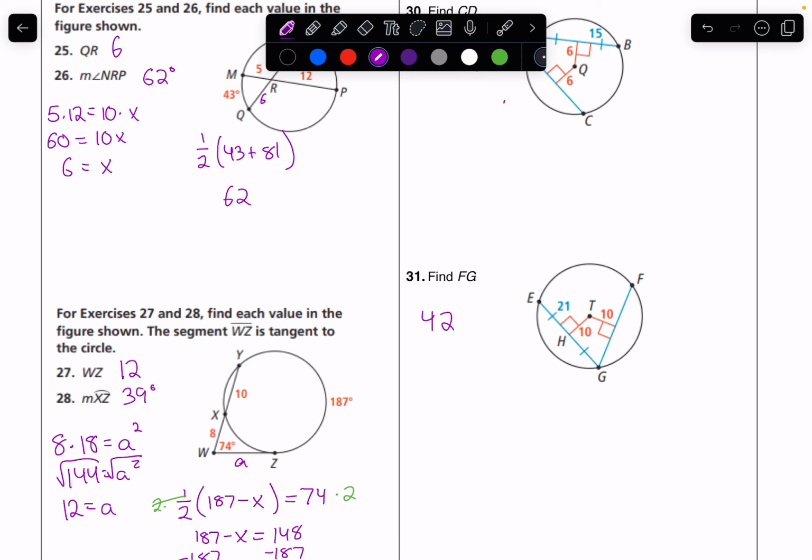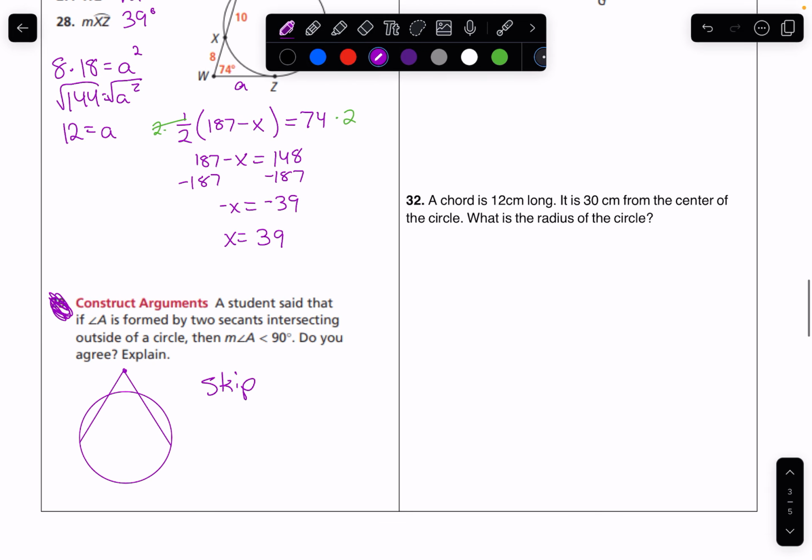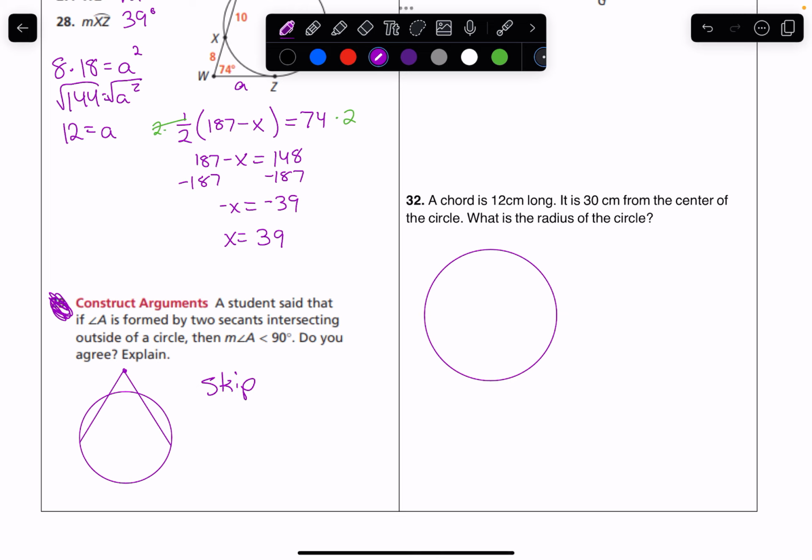A chord is 12 centimeters long and 30 centimeters from the center of the circle. Let's figure this out. There's the center. Here's the chord that is 12 centimeters long and 30 centimeters from the center. Obviously not drawn to scale, but that's okay. What is the radius of the circle? So if this chord is 12 centimeters long and I've just bisected it, it's now 6 and 6.